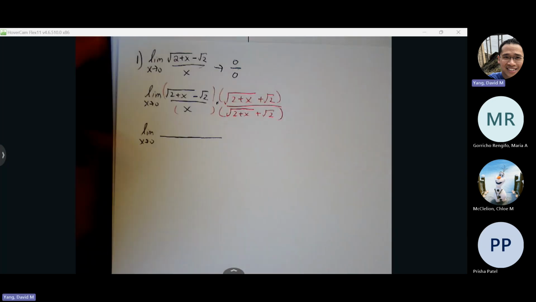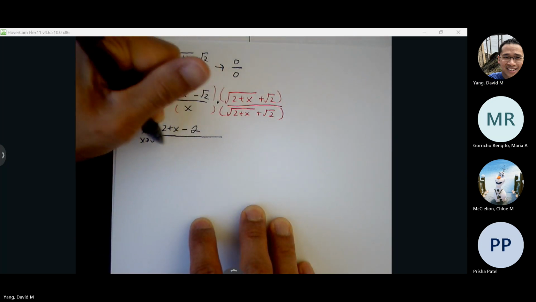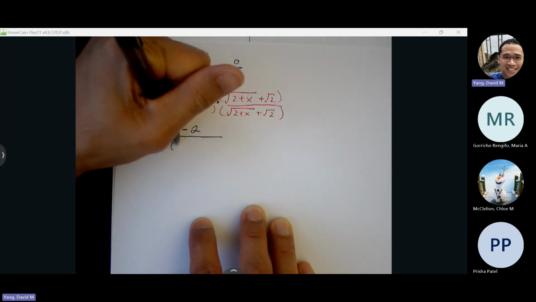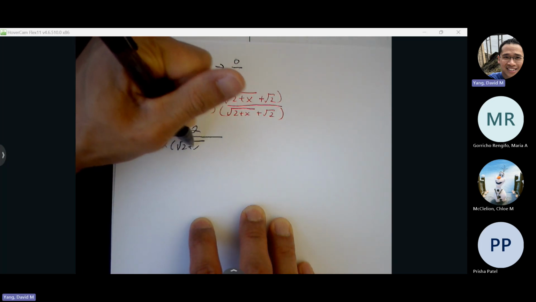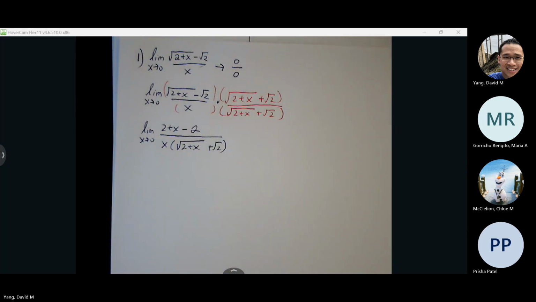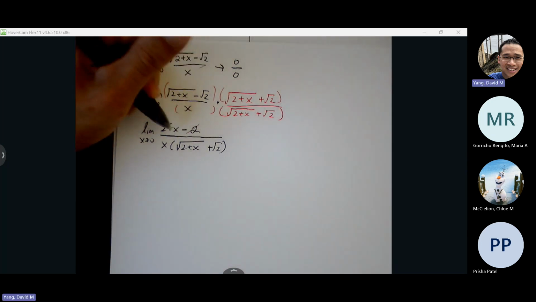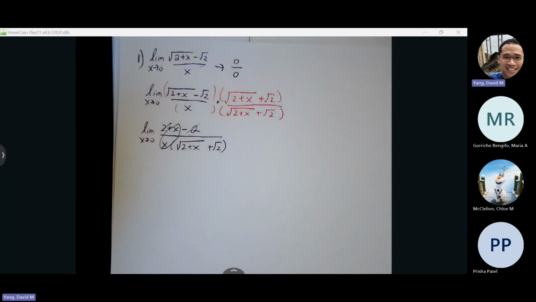Expand the numerator. Leave the denominator unchanged. Those cancel out, the x's pair up, so they cancel out as well.